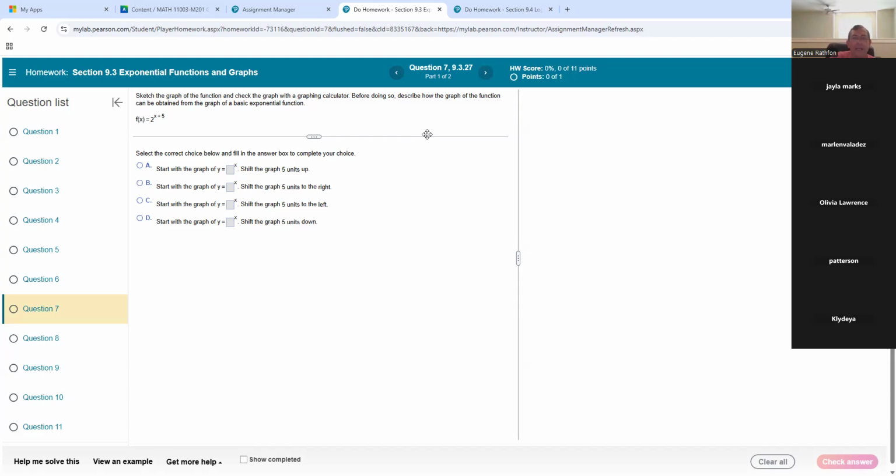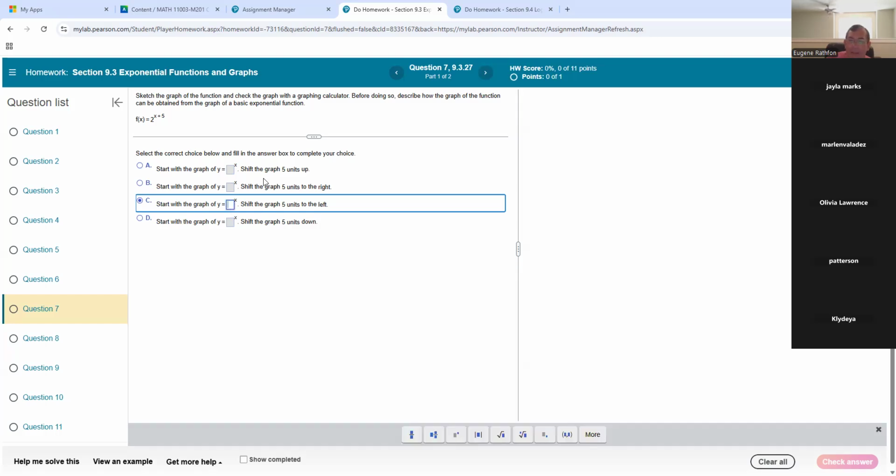So what do y'all think that plus 5 is going to do? Since I'm attacking the x, it's going to go left or right. Since that is a positive 5, we're going to go left. So we would come down here to C, the one that says go left.